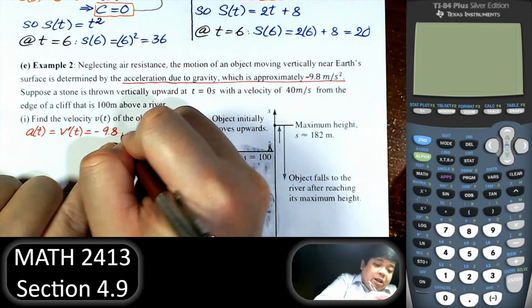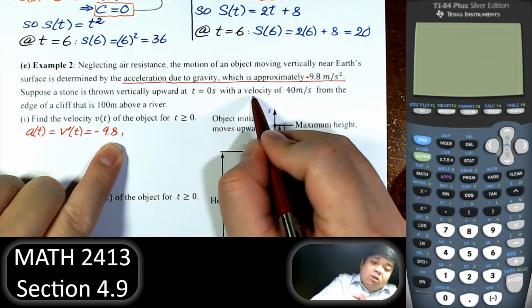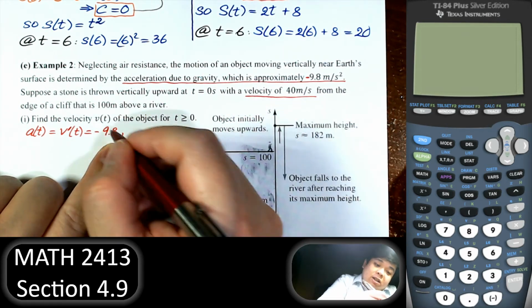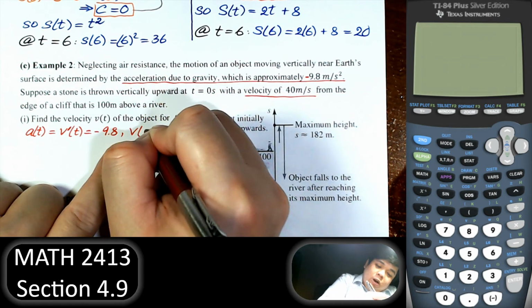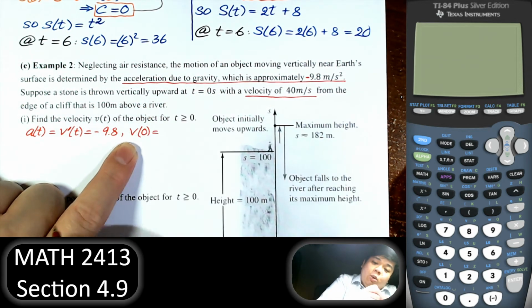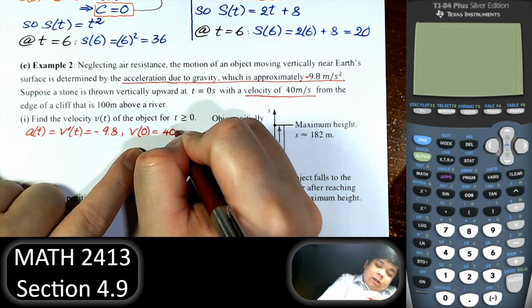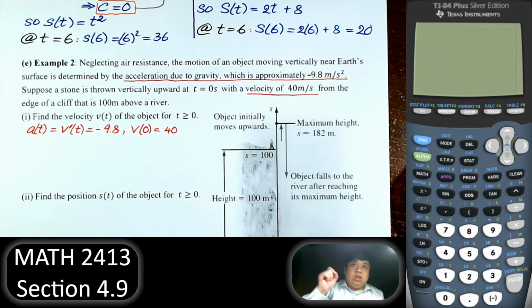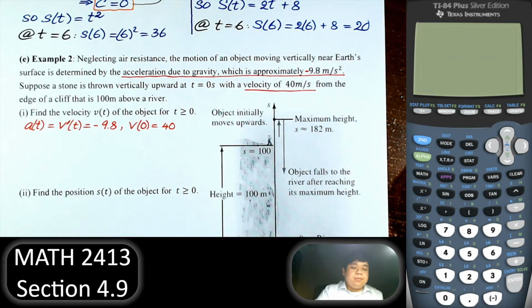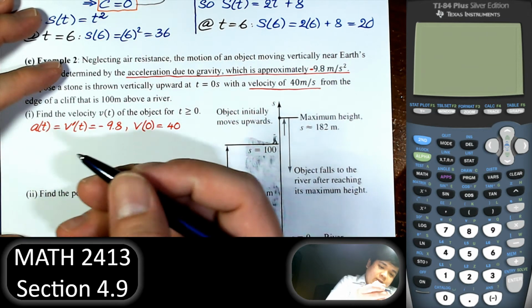And then we know that initially the velocity is 40 meters per second. So at time t equal to 0, velocity at 0 is 40 meters per second. And this is upward, so we throw it up, the velocity is positive. Alright, so we have this initial value problem.